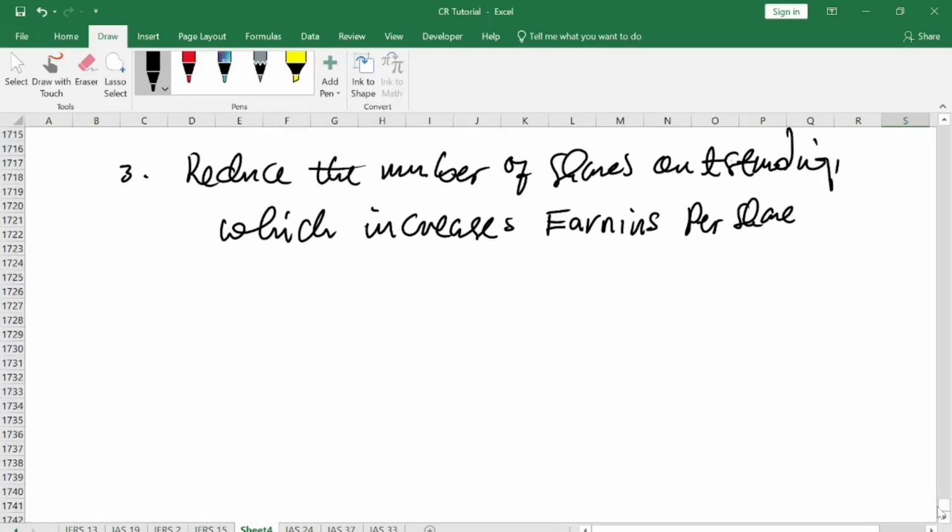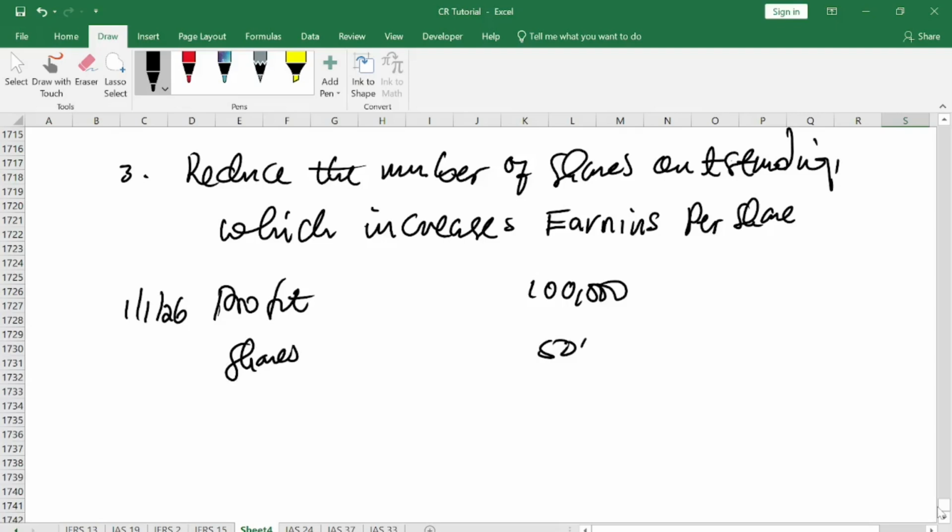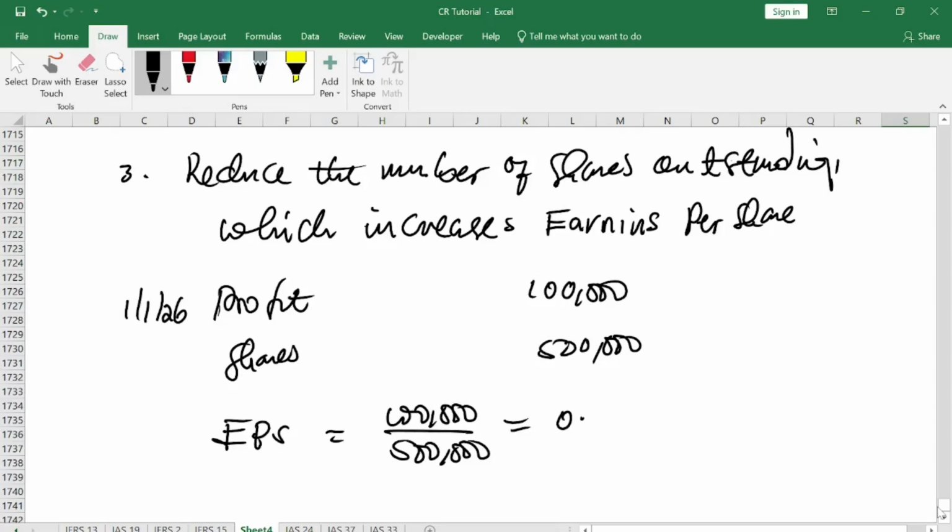If a company makes a profit at the end of the account, maybe the profit is 100,000, as at 1st January 2026, and the shares of the company are 500,000, the basic earnings per share is going to be 100,000 over 500,000. So earnings per share is going to be 0.2.